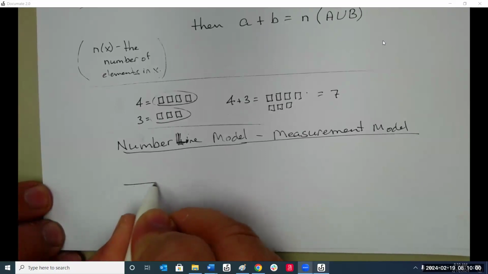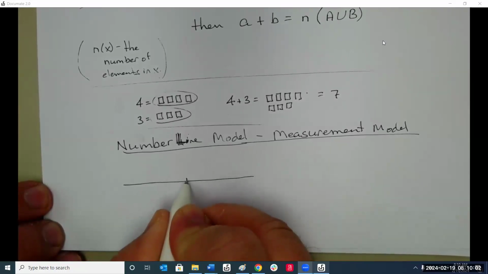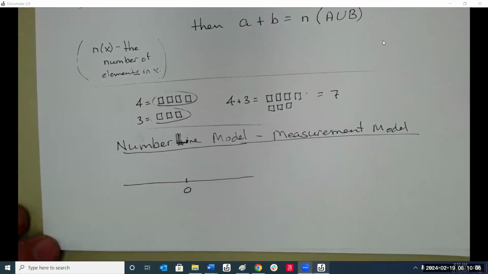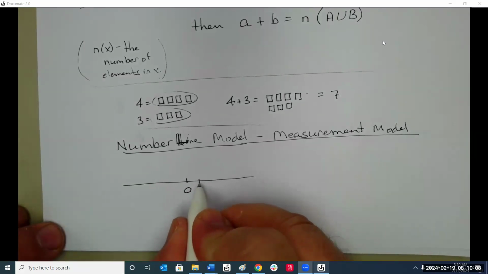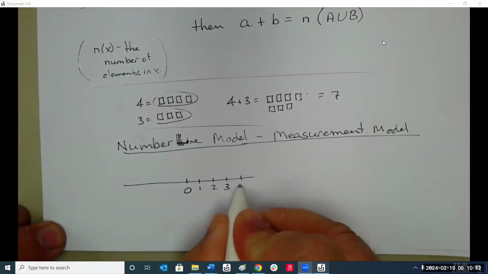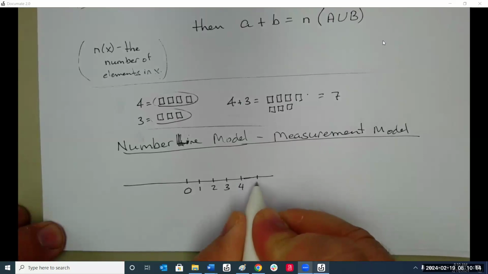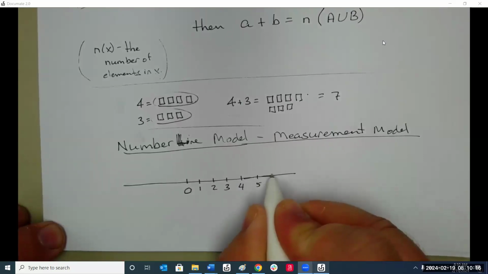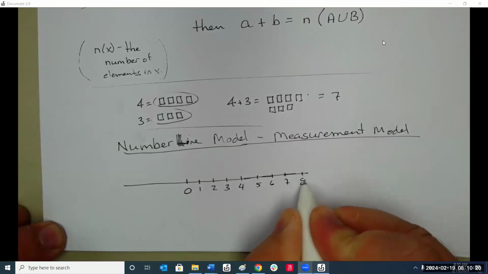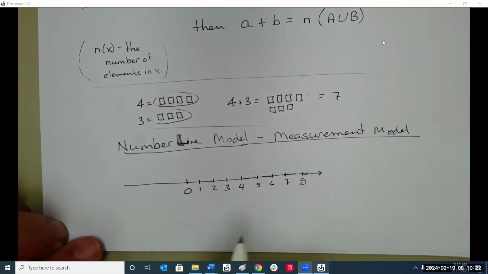We introduce this number line to kids. It begins at 0, and we start counting: 1, 2, 3, 4, 5, 6, 7, 8, and so on and so forth.